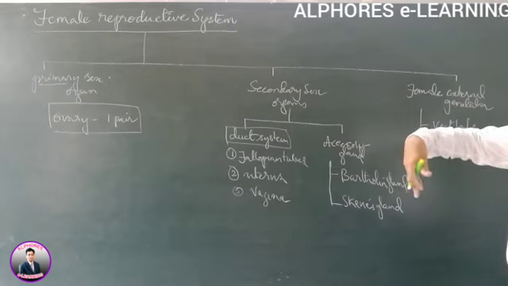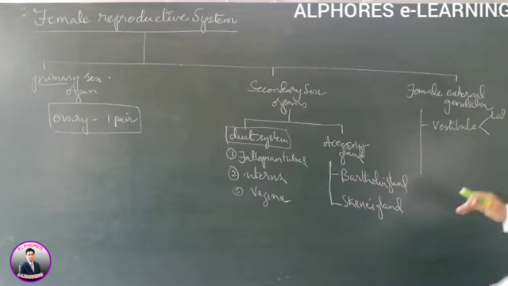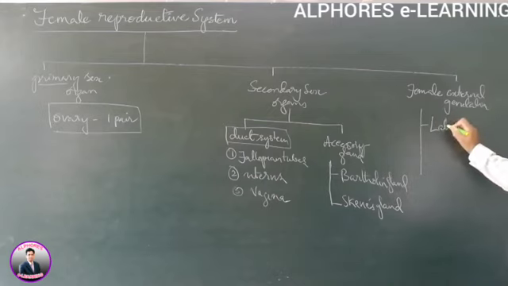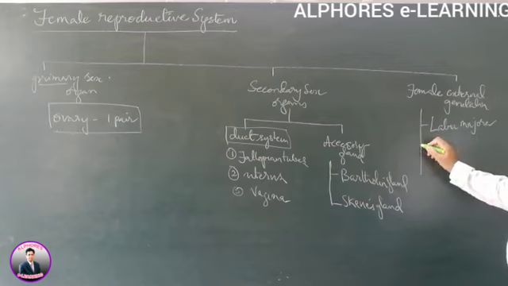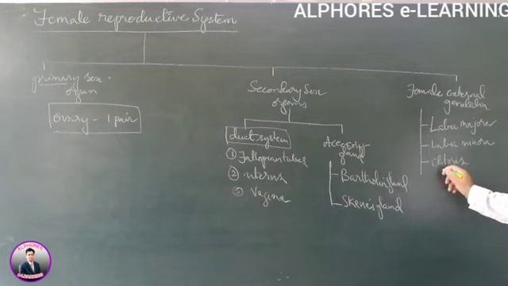Vestibule means an opening, and this vestibule is covered by two structures which we call labia: labia majora, labia minora, as well as the clitoris. Labia majora, labia minora, clitoris.